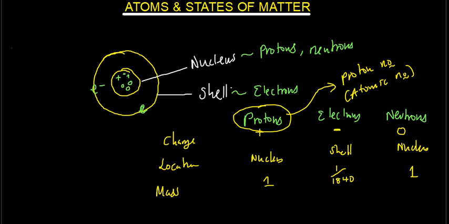Now, for a neutral atom, and what I mean by neutral atom is an atom that hasn't reacted with anything, the number of protons and the number of electrons are going to be the same. It's very important for you to understand that.